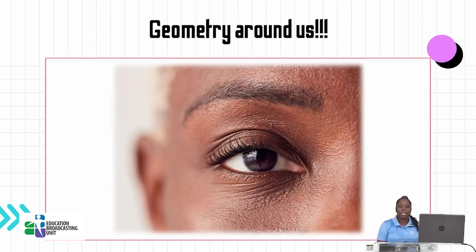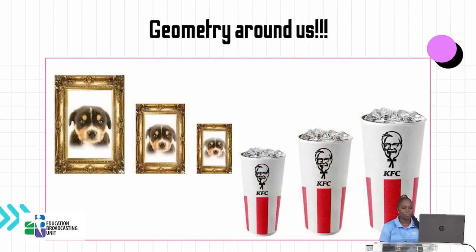When we enter a bright space, our pupils get smaller. And when we enter a dark space, they get larger. This is a perfect example of an enlargement or dilation. Here we see 2 other examples of enlargements.